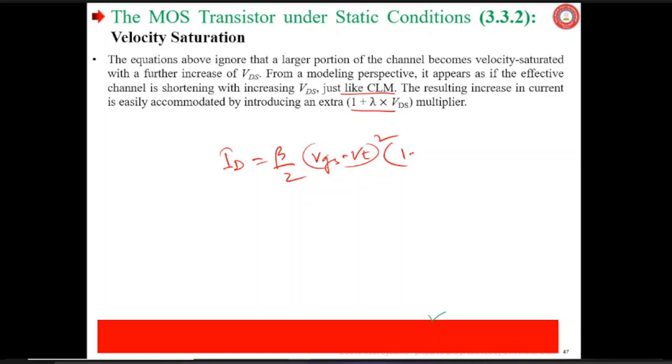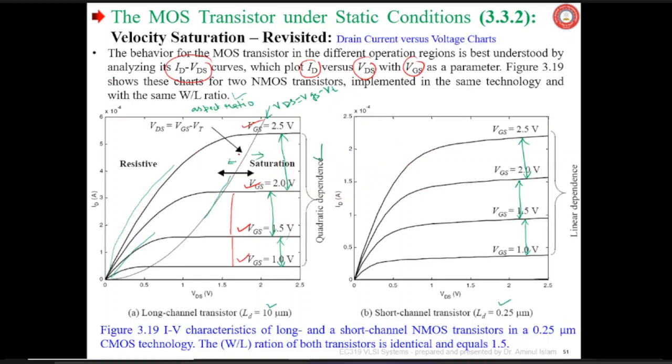See, the distance between this and this and this and this is not the same. Here, linear dependence is there. Here, more or less, the distances are almost the same everywhere, whereas it is quite different from this. This is indicating that the velocity saturation effect is there.